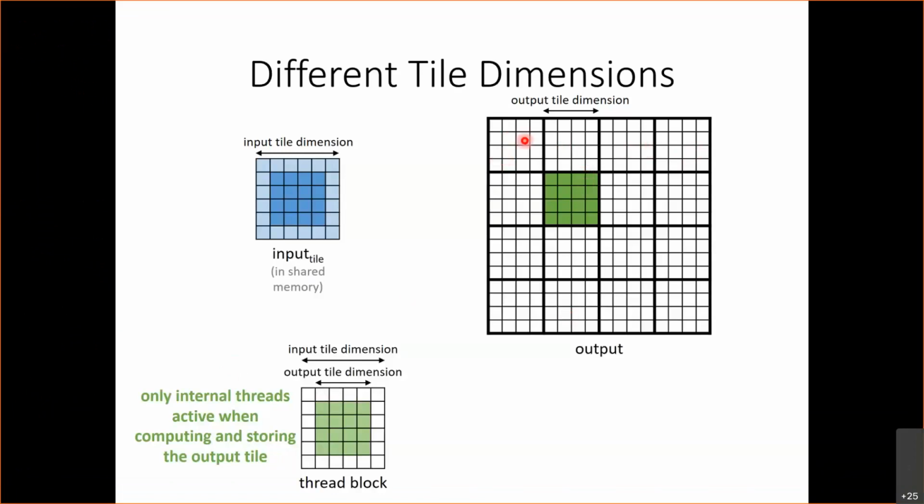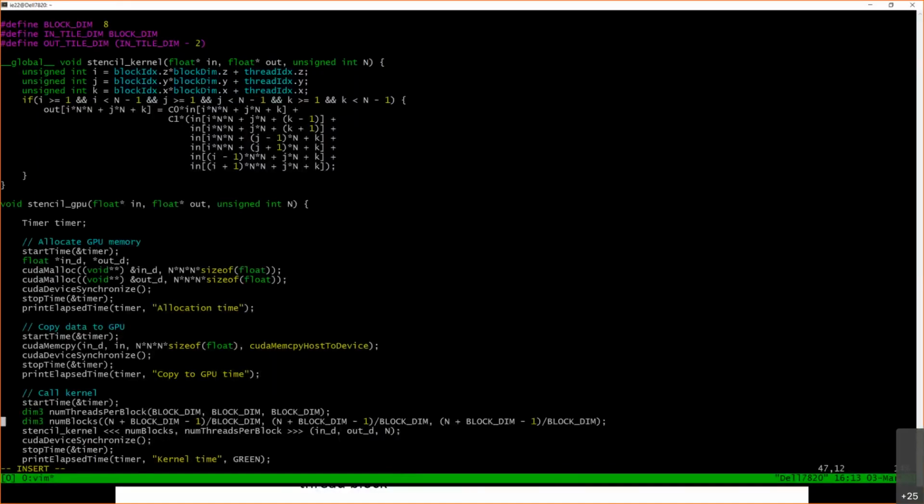So when I calculate the number of blocks, I'm going to use the output tile dimension, not the input tile dimension. Rather than using block dim over here, I'm going to use the output tile dimension. This will ensure that I have blocks to cover all of my output elements. We did the same thing in convolution, by the way, so you should be familiar with this from convolution.